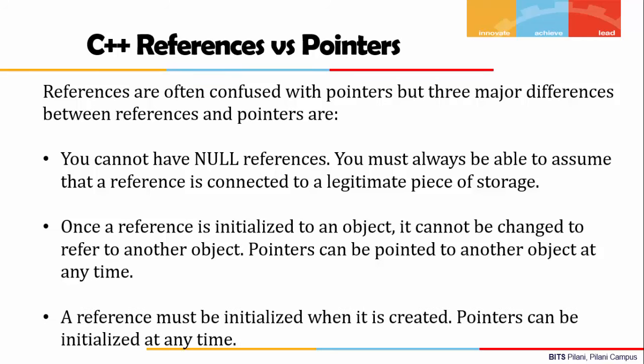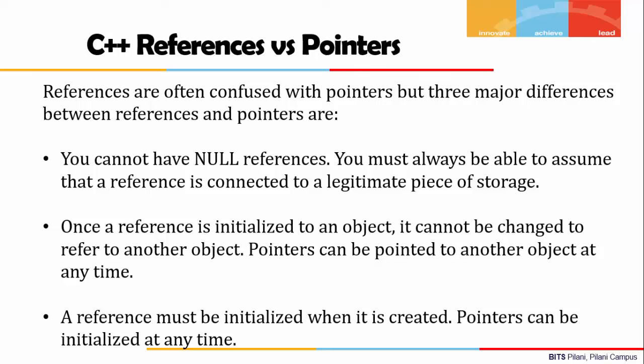Next, a reference must be initialized when it is declared. There is no such restriction with pointers. Due to the above limitations, references in C++ can't be used for implementing data structures like linked lists and trees. We cannot have null references.